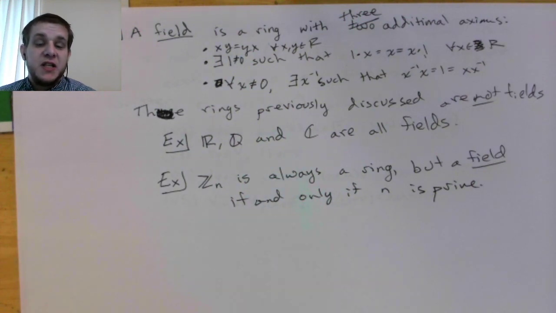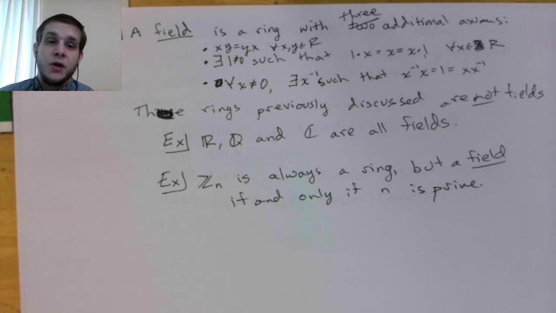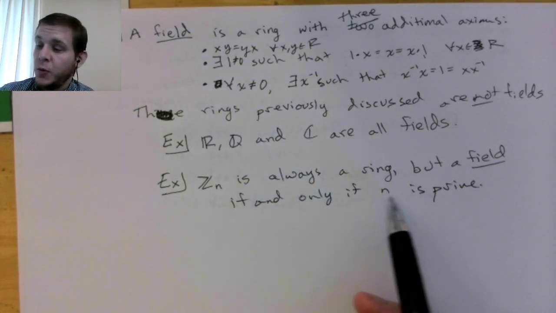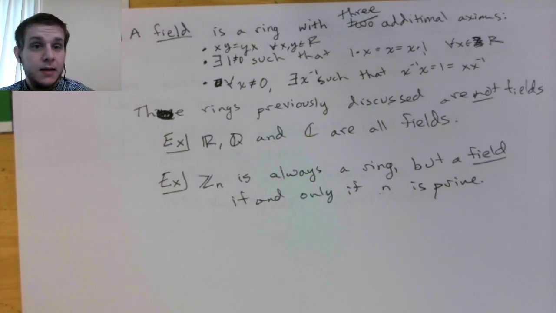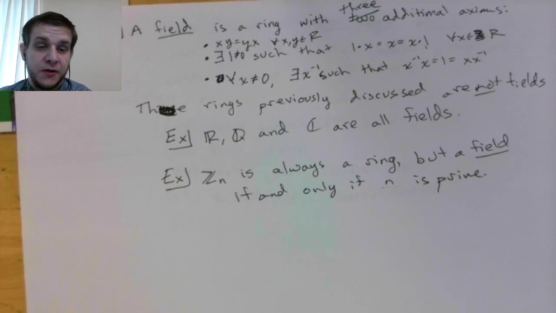So when we were discussing Z_n earlier in the course, we talked about how you can add, multiply, but in general you can only divide if a number is coprime with n. So the only way in which every non-zero element is coprime with n is if n is prime. Otherwise, the field axioms fail.